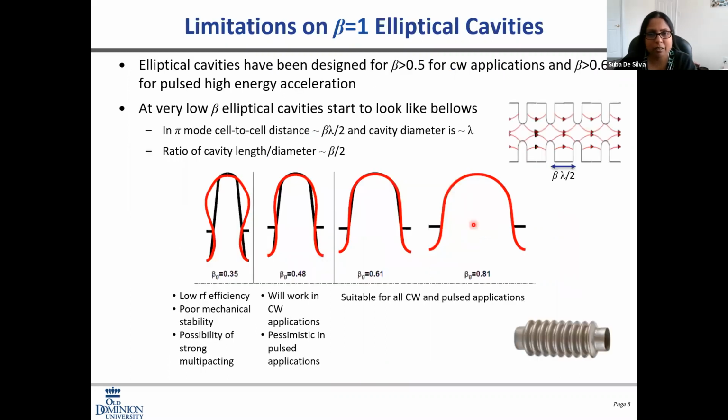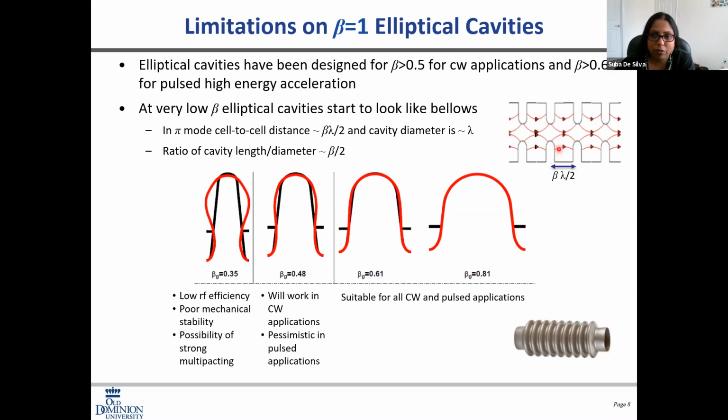So looking at the limitations of using elliptical cavities, let's see why it's not effective at very low beta. With varying beta, as I explained, you have elliptical cavities in CW applications mostly from beta above 0.5, and for pulsed machines, even above 0.6.